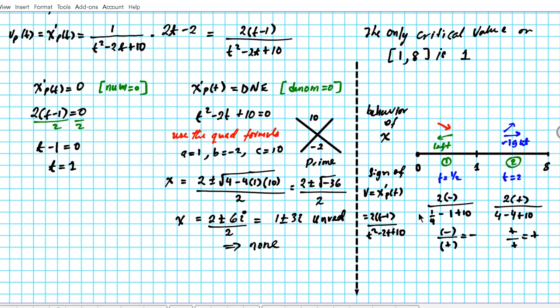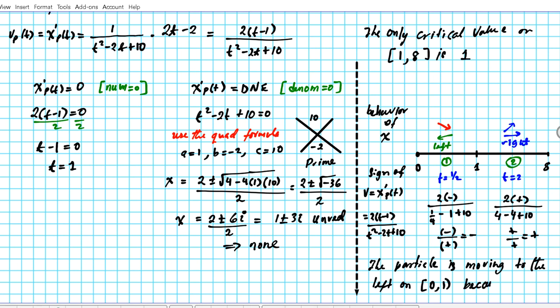Okay? So let's write down our answer. In justification, the particle is moving to the left on the interval 0 to 1. Why?